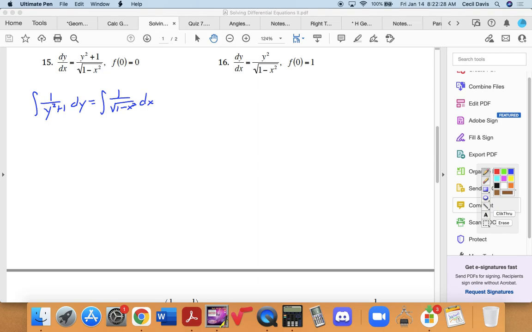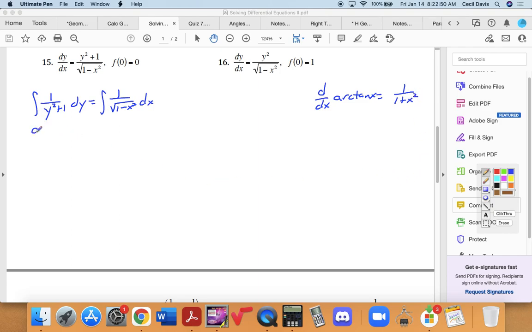Do you recognize these? So remember that the derivative with respect to x of the arctangent of x is 1 over 1 plus x squared.